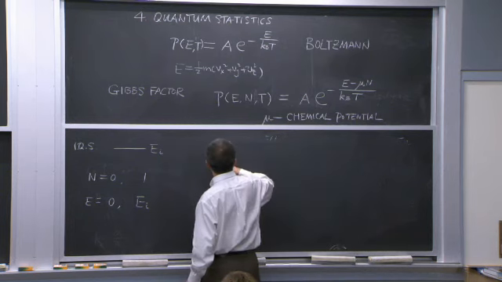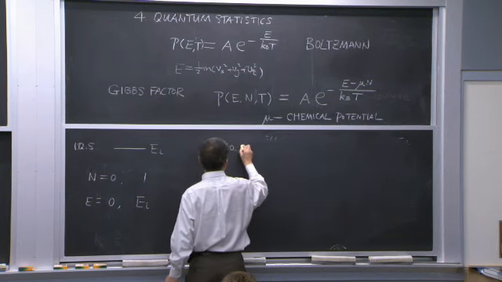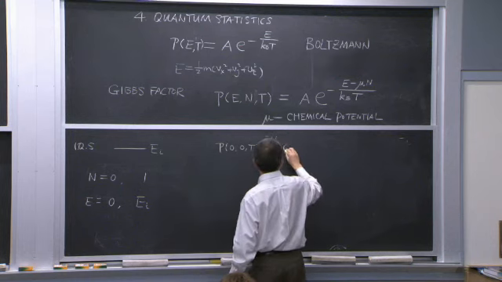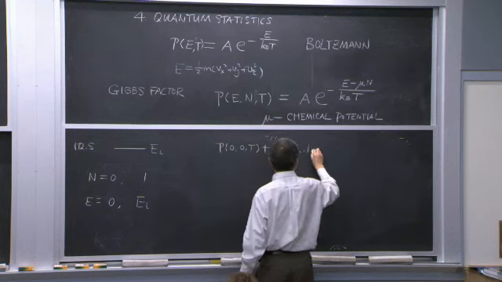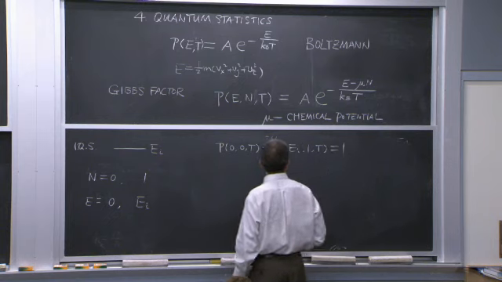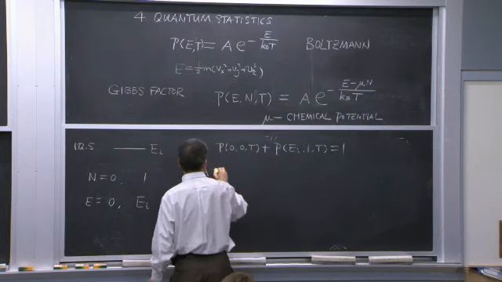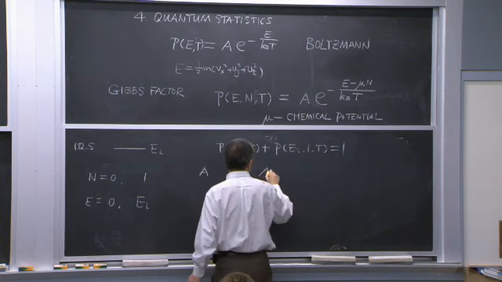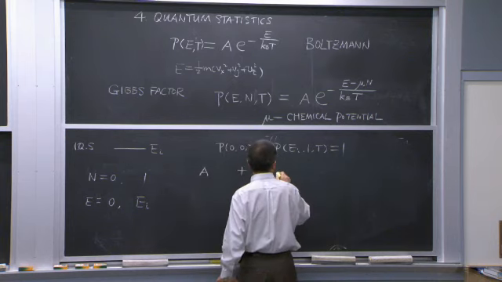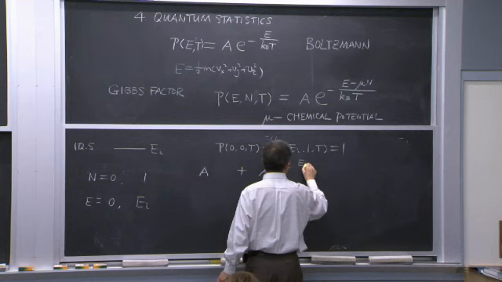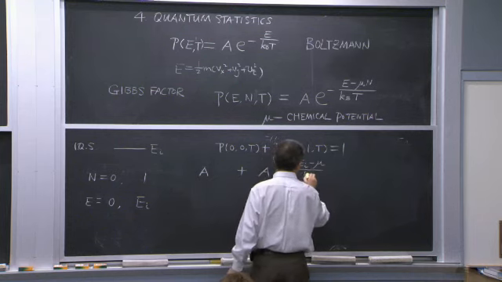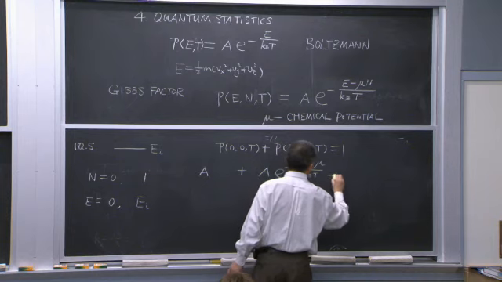So P(0,0,T) plus P(EI,1,T) has to be 1. The first one, with energy 0 and 0 particles, is just A. The second one has exponential of minus EI, and mu times N is just mu, divided by kBT, and the sum equals 1.